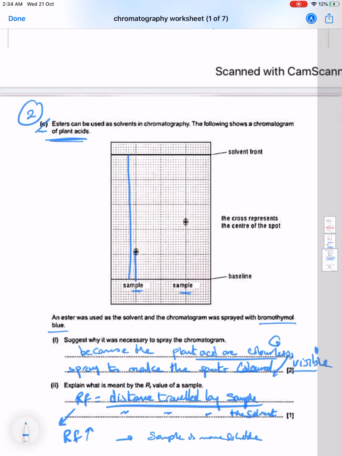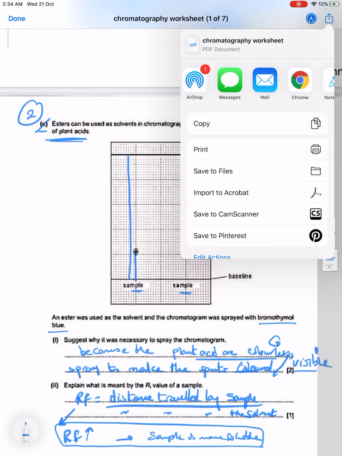Makes sense, right? That's why it's traveling further, because it is more soluble in the solvent. This is just extra information I'm conveying to you. It's not required in the question.